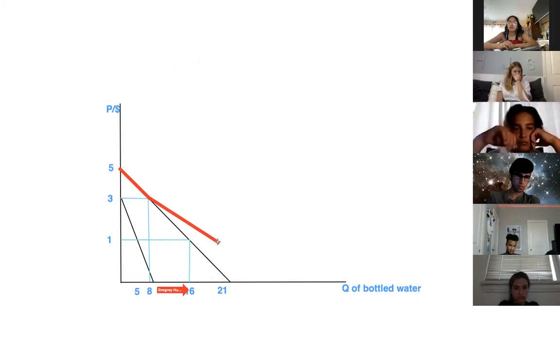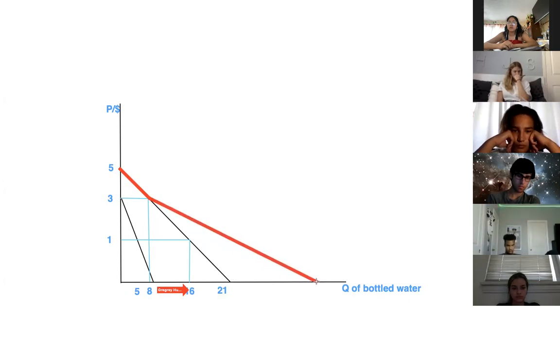And then the slope shouldn't change. Okay, I think that's good.